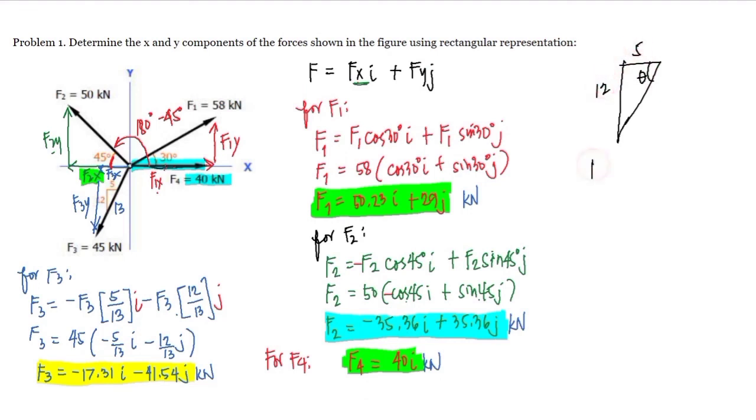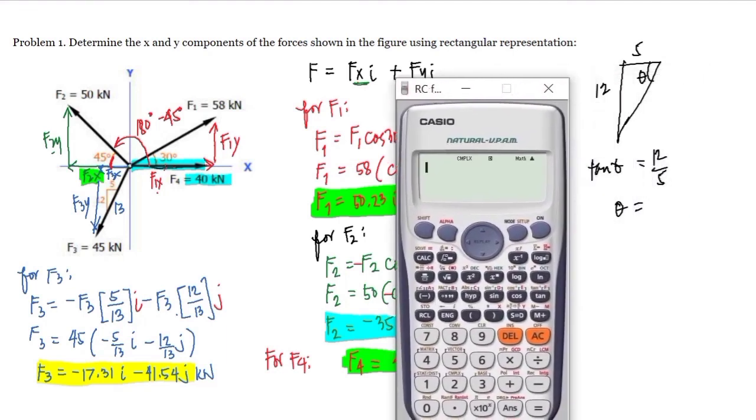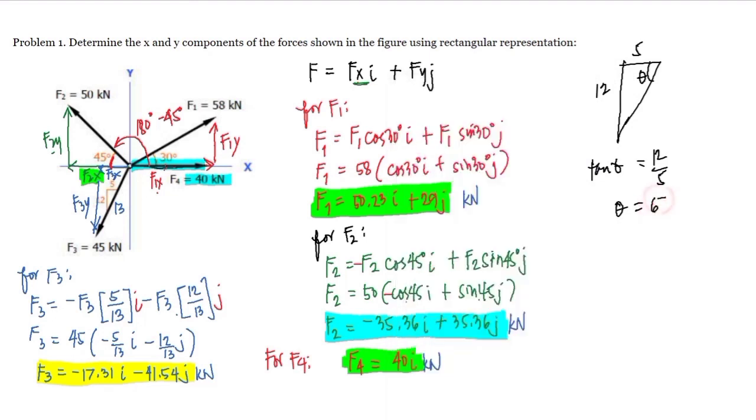So if we are going to compute for the angle theta, that is equal to opposite over adjacent. So computing for theta, that is arctan of 12 over 5. So we have here arctangent of 12 divided by 5. And that is equal to 67.38 degrees.